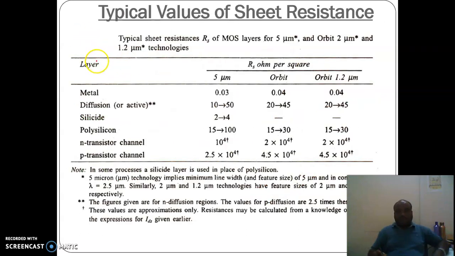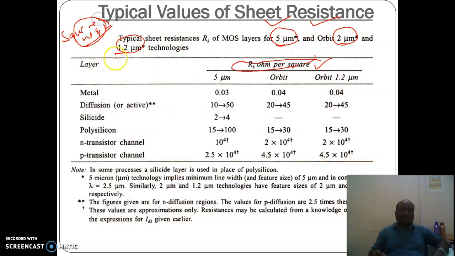The table you are viewing here shows the typical values of sheet resistances for various technologies, from 5 micrometer technology to 2 micrometer to 1.2 micrometer technology, where the values are given in terms of ohm per square. Here one square represents where width and length are equal. As we have discussed in our sheet resistance topic, the resistance value for a square layer is independent of the area of the square.